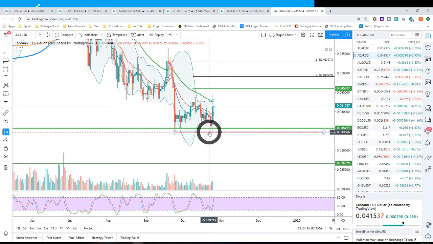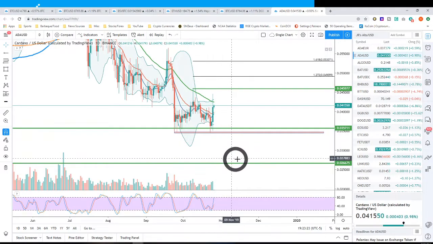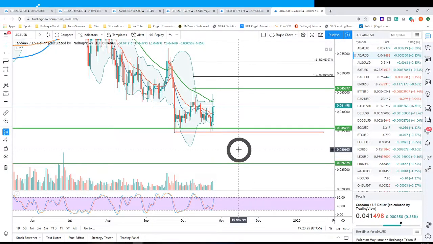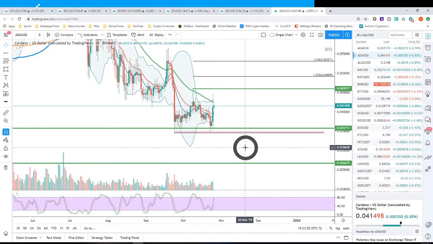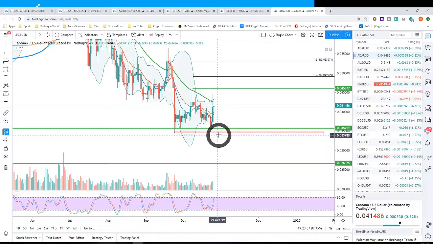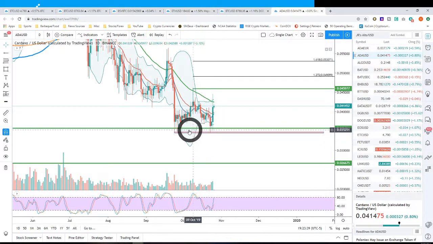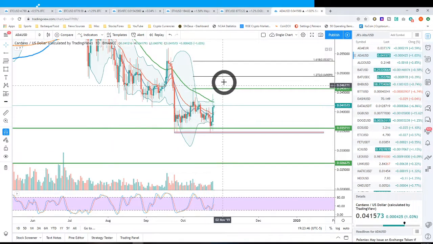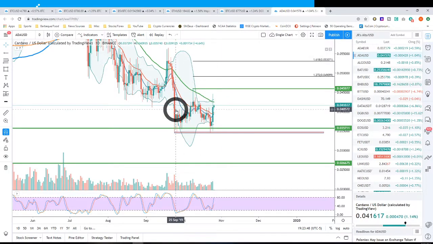Bottom here, bottom here. Okay, so we're clear. That's a possible double bottom right there on the ADA USD pair. Not Bitcoin pair, USD pair.